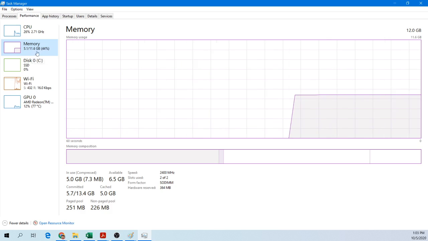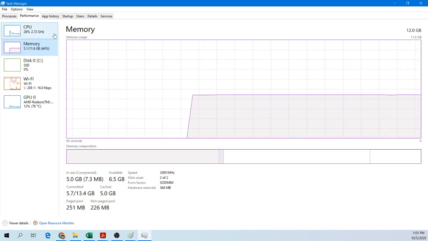Currently mine has about 12 gigabytes and I'm using about 5.1. Now if this is filled up, your computer starts to move slowly. Your computer starts to freeze because the CPU, the system, cannot access that data as quickly as possible.